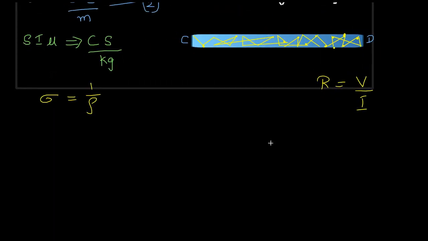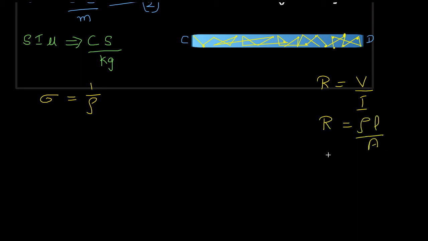Also, if L is the length and A is the area of cross section, ρ equals RA by L, or R equals ρL by A.